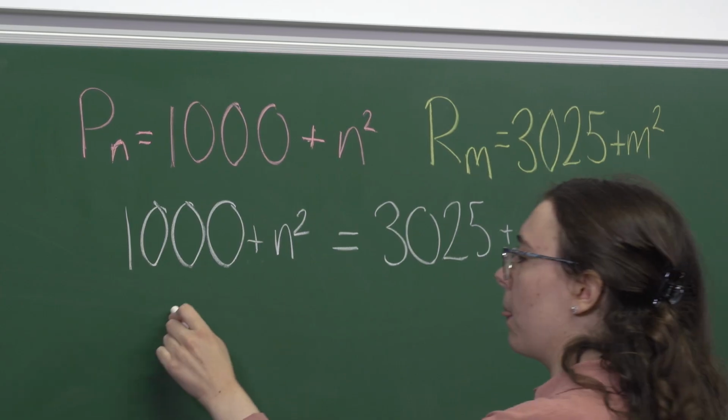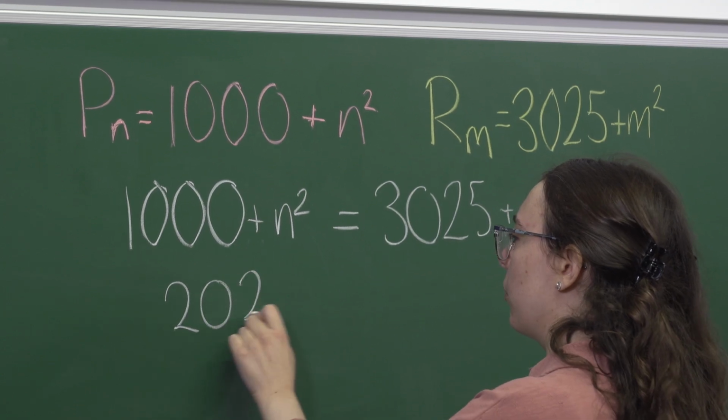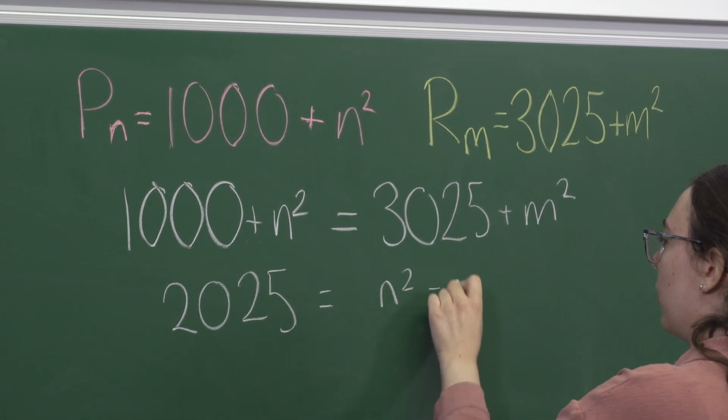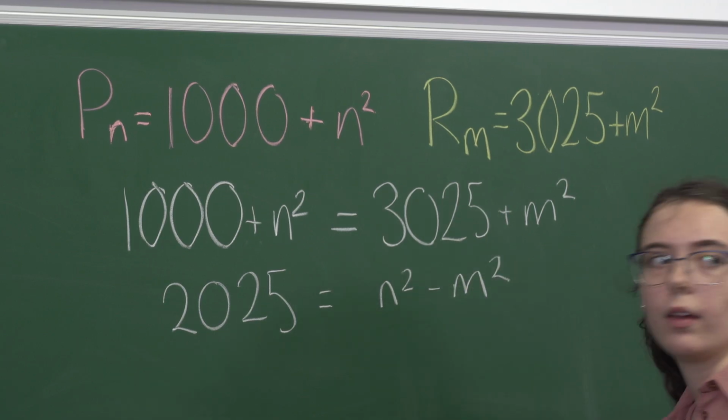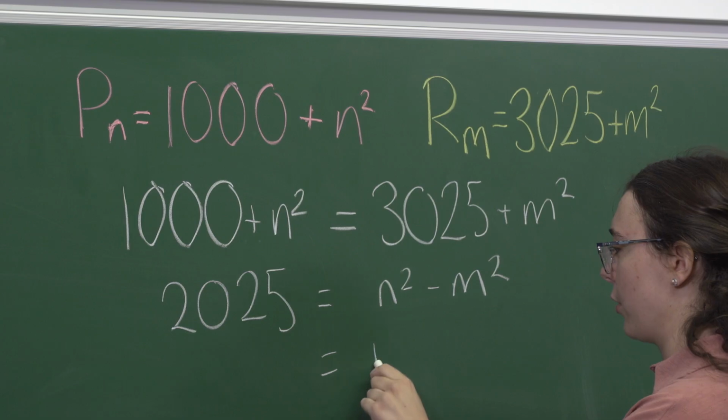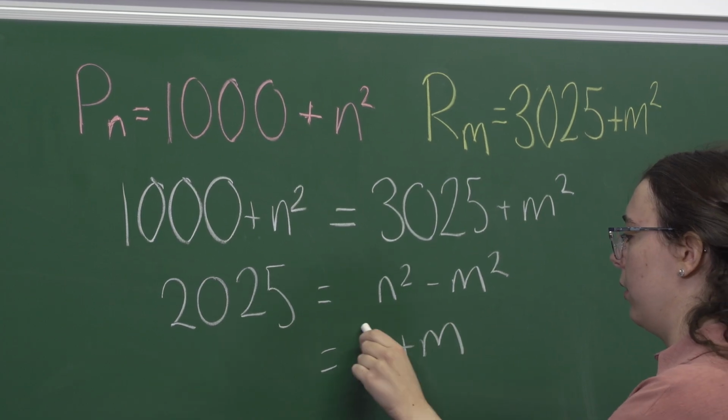Rearranging, and you might be able to spot that this is a difference of two squares, which means we can factorize as follows.